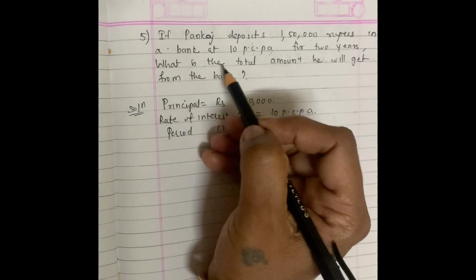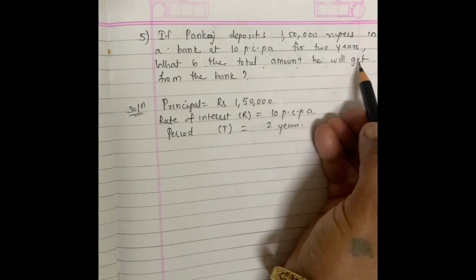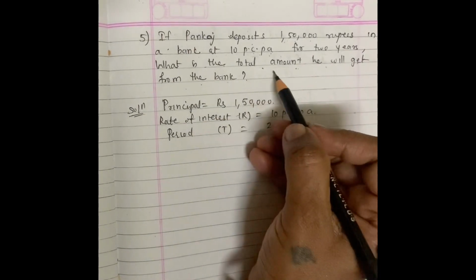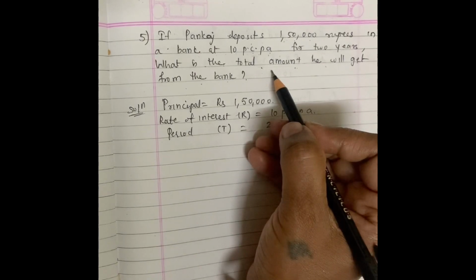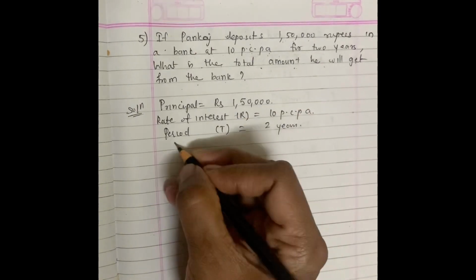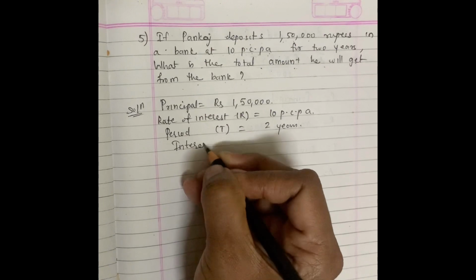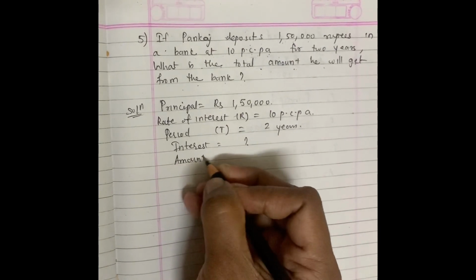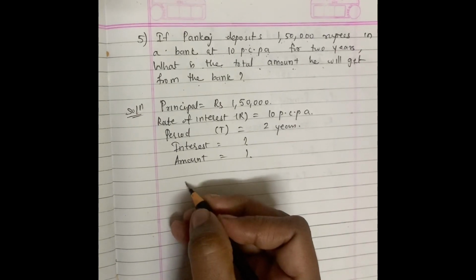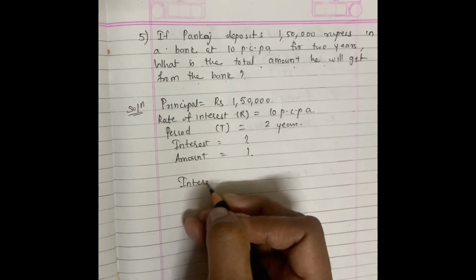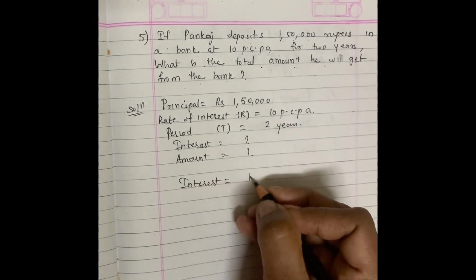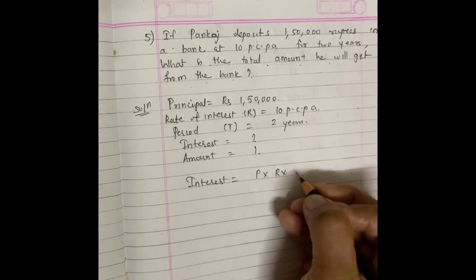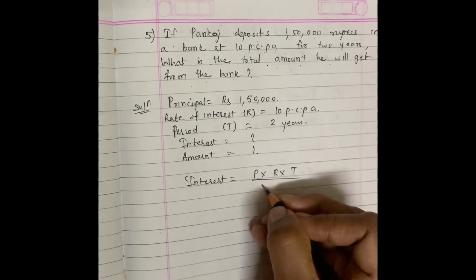Now what is the total amount he will get from the bank? So we have to calculate the total amount. So first we need to calculate the interest, then we can calculate the amount. Now the interest formula, we all know. What is the interest formula? P into R into T upon 100.